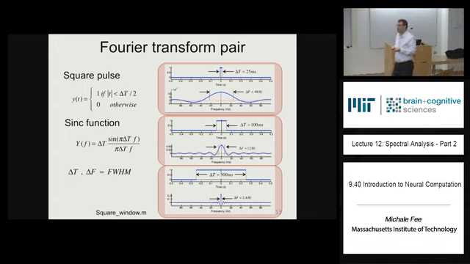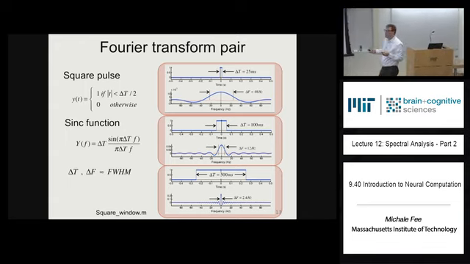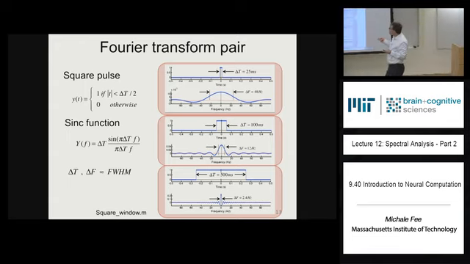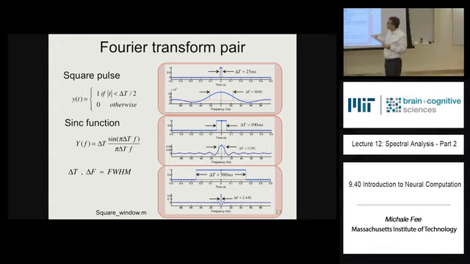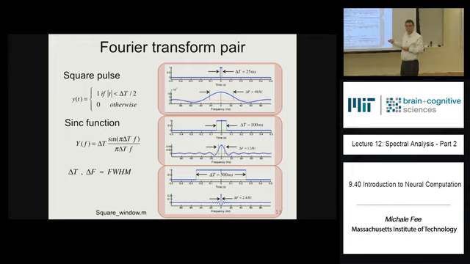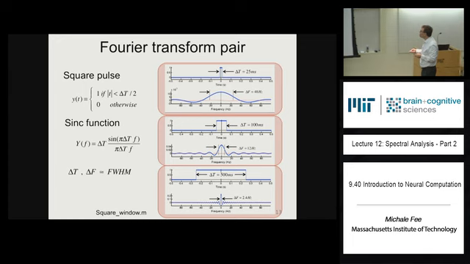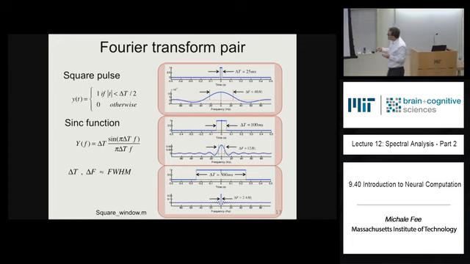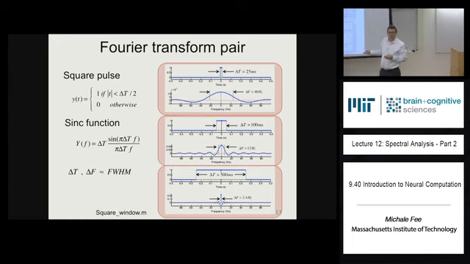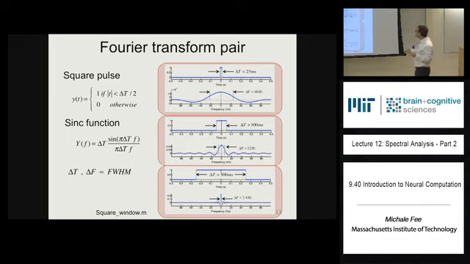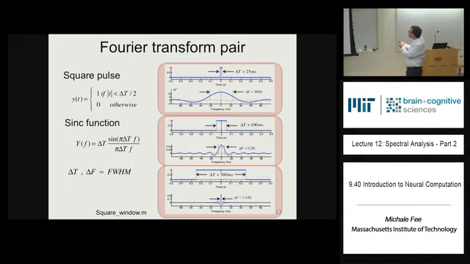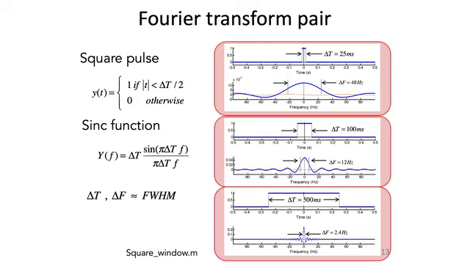So you should remember this Fourier transform pair, a square pulse and a sinc function. And there's a very important concept called the time bandwidth product. You can see that as you make the width in time narrower, the bandwidth in frequency gets bigger.